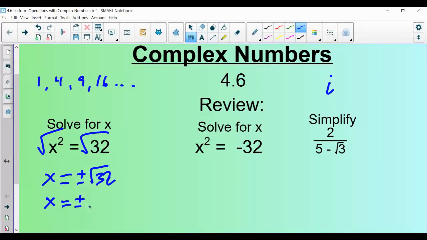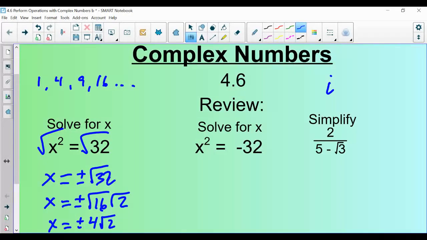So I could change this to say the square root of 16 and the square root of 2. The reason I chose 16 is because it's on that list of perfect squares, and 16 times 2 is 32. We can simplify the square root of 16 to 4. So our answer to this question would be x is equal to plus or minus 4 root 2.